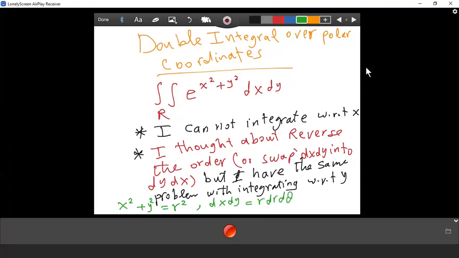So, up to your region, you will find r and theta, and your integration will be very easy because this will change into e to the r squared times r dr d theta.